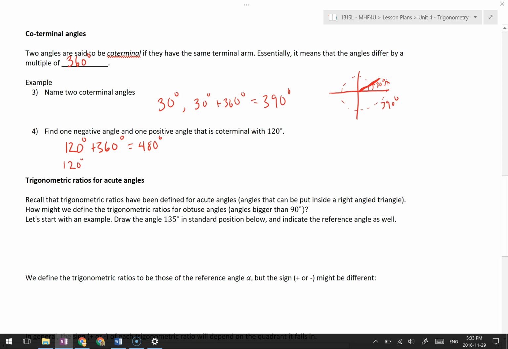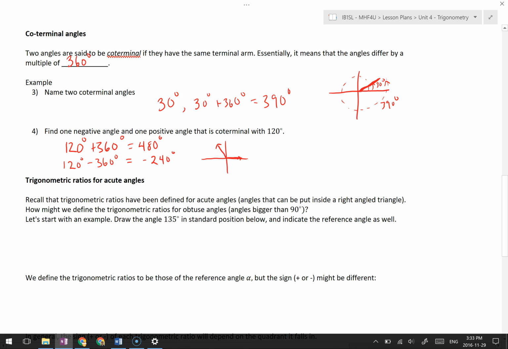Likewise, I can subtract 360 degrees to get negative 240 degrees, which is also coterminal with 120 degrees. The three angles, 120 degrees, 480 degrees, and negative 240 degrees, would all look like this if I drew them in standard position.